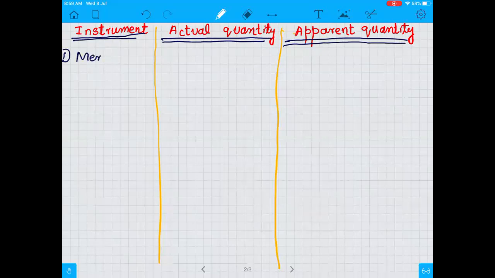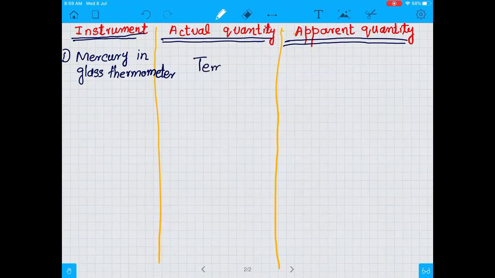Let's take an example of number one, mercury in glass thermometer. You studied mercury in glass thermometer in your O level, so this would be a common example for you. The actual quantity for a mercury in glass thermometer is temperature.